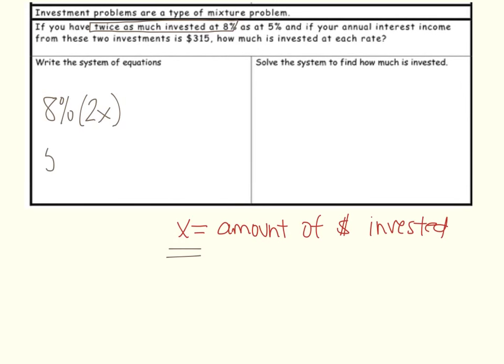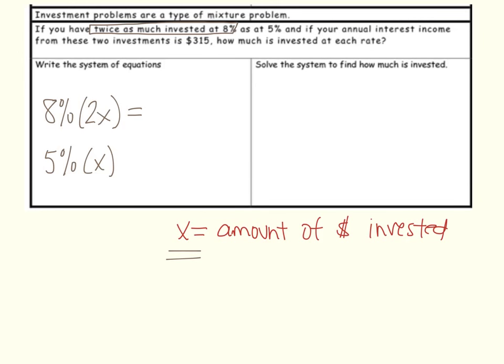Well, how much did you invest at 5%? You invested x. So we're going to write those without the percentages. So 8% times 2x is 0.08 times 2x, and 5% x is 0.05 times x.